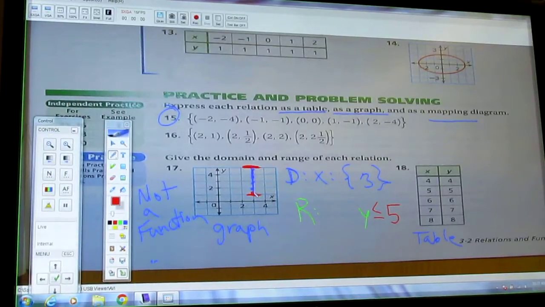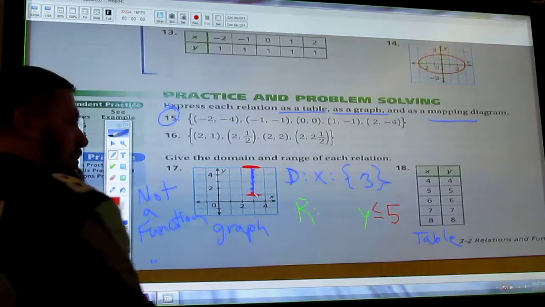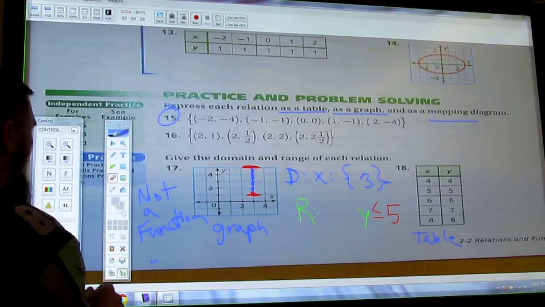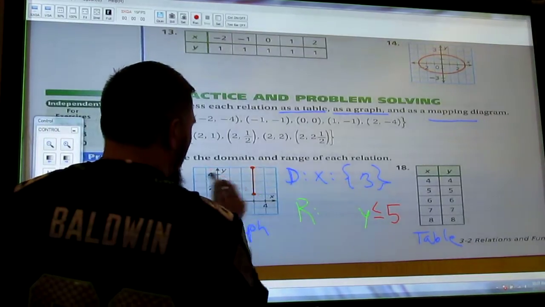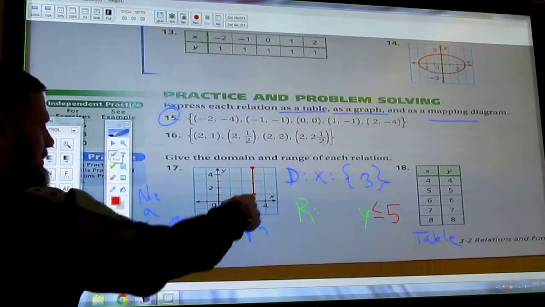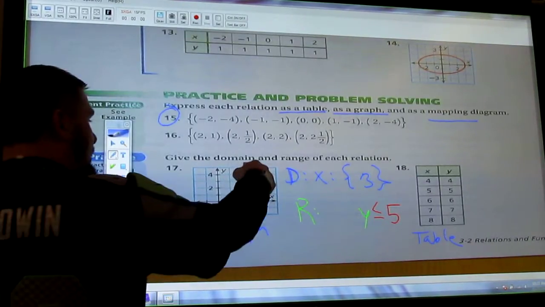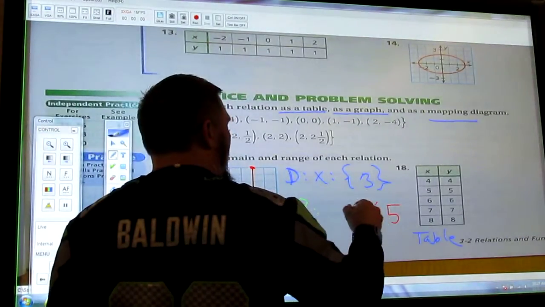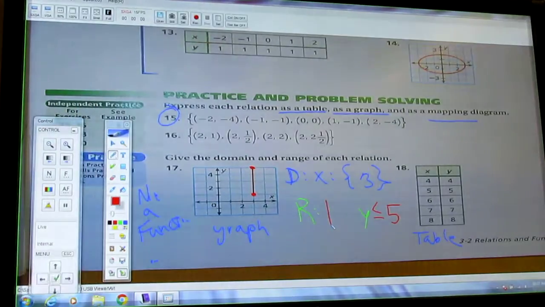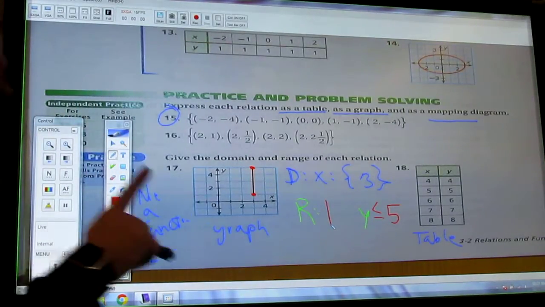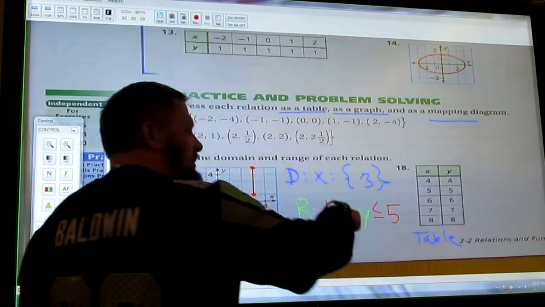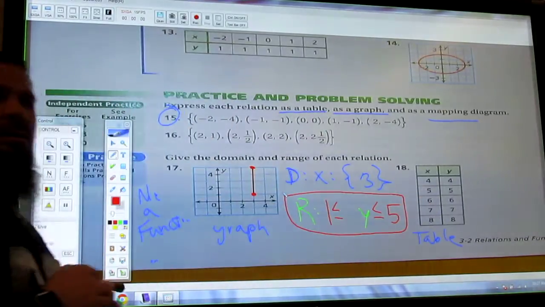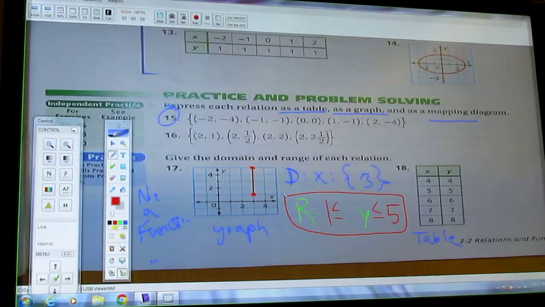Yes. Solid dot. Alright, so your y, what's the lowest? The lowest point is 1, right? 1. And then it's greater than or equal to, right? This is the hardest part right here. Okay?